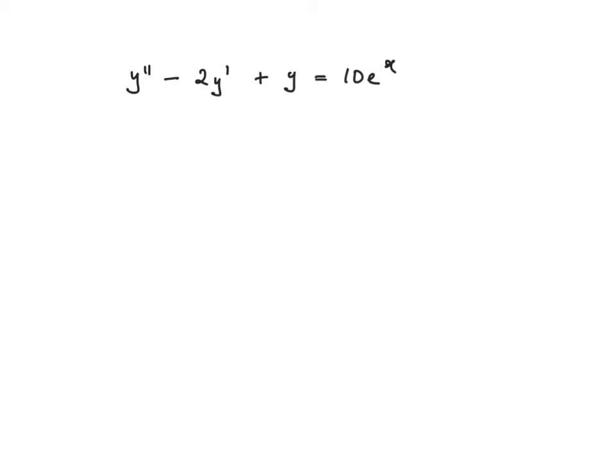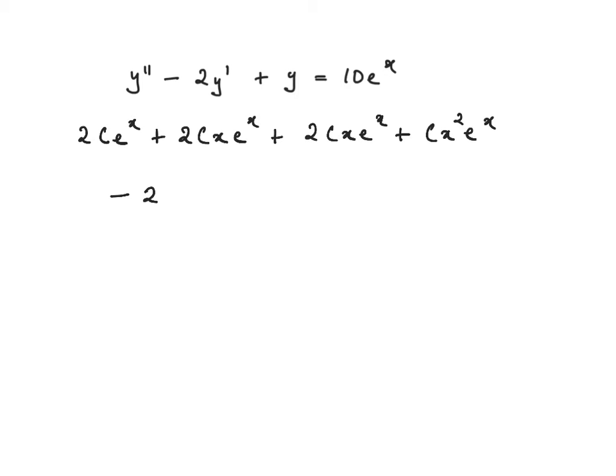So we have from the last slide 2c e to the x plus 2cx e to the x plus 2cx e to the x plus cx squared e to the x, minus 2 lots of y dash. Now y dash is 2cx e to the x plus cx squared e to the x, plus y.